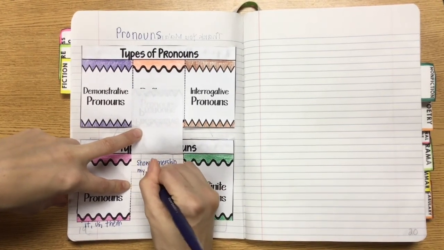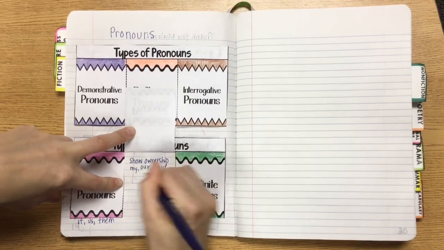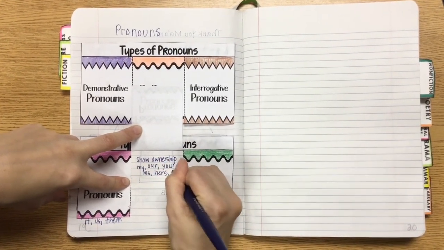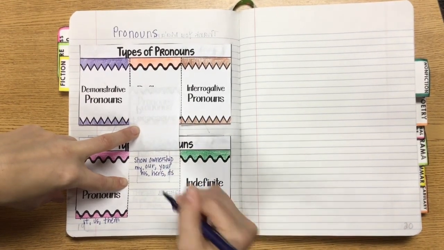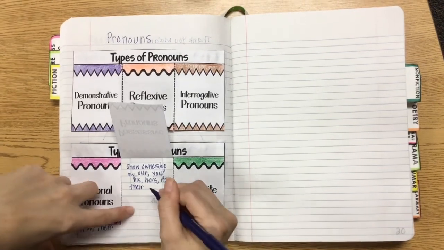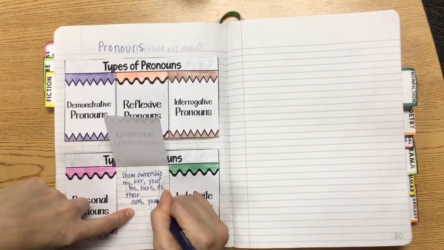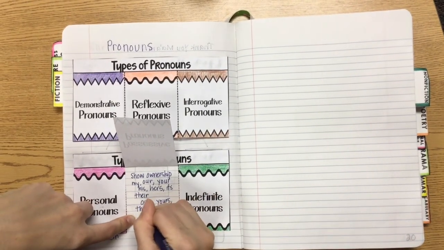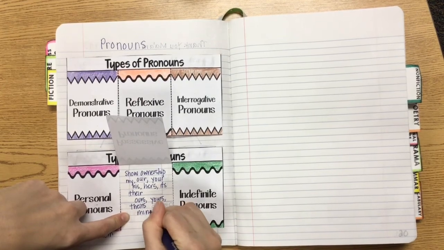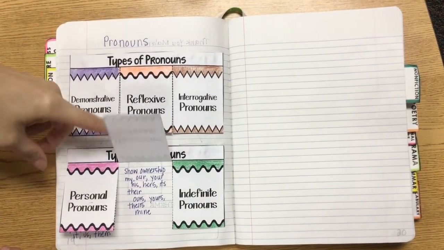So my, our, your, his, hers, its, and then you can do their. And then, of course, there's the ours with an S, yours with an S, theirs, again with an S, mine is also another possessive. So again, that's just a list of possessive pronouns. They show ownership.